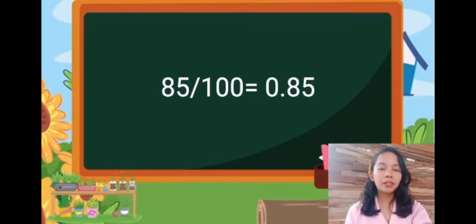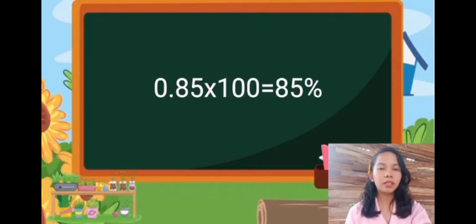Simply divide the numerator by the denominator: 85 divided by 100 equals 0.85. Once we have the answer to that division, we can multiply it by 100 to make it a percentage. 0.85 times 100 equals 85%.